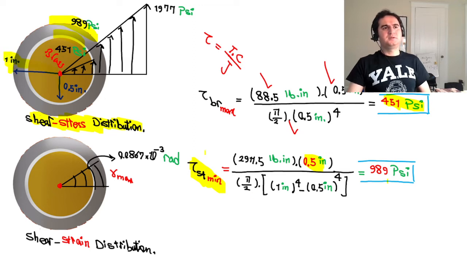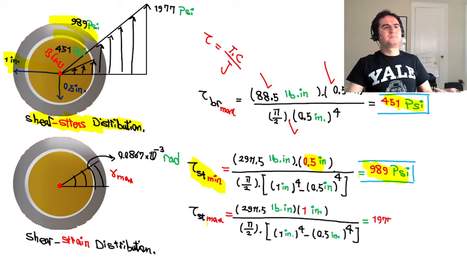So the minimum tau is 989 psi, and the maximum tau uses the same torsion but the outer radius, and gives you 1977 psi.